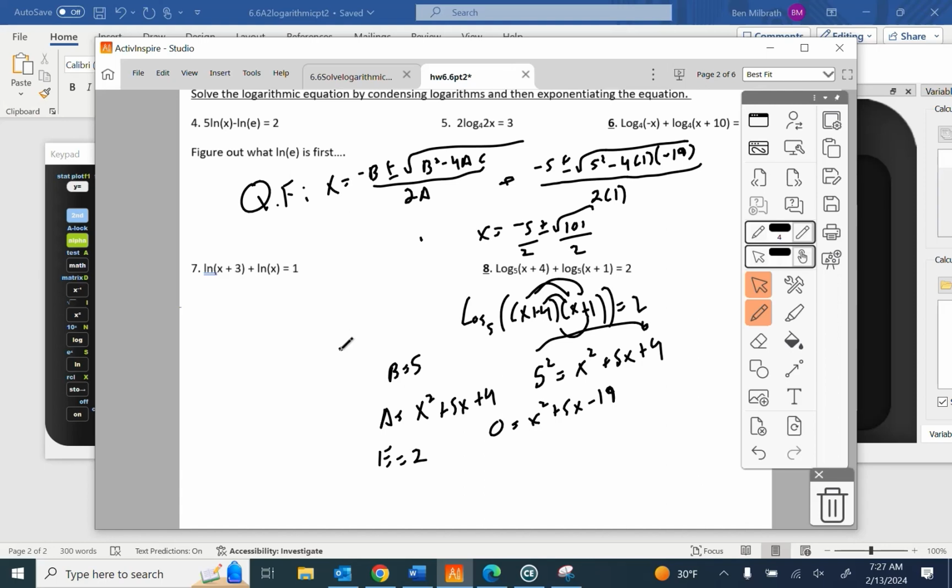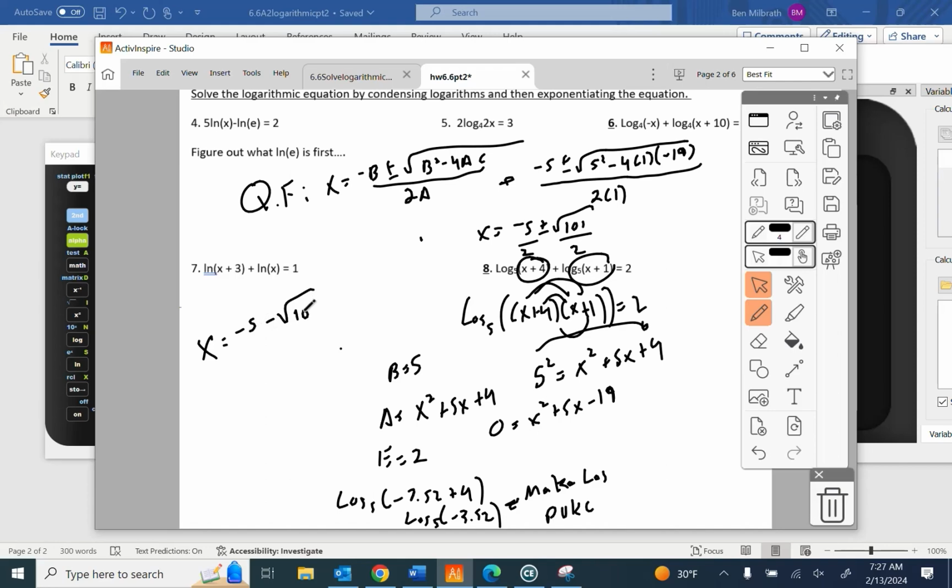Now, if I put a negative 7.52 here, think about that. Log base 5 of negative 7.52 plus 4 is log base 5 of negative 3.52. And that will make the log puke. And it won't work here either. So, here's what I've learned: x equals negative 5 minus root 101, both over 2, is extraneous.